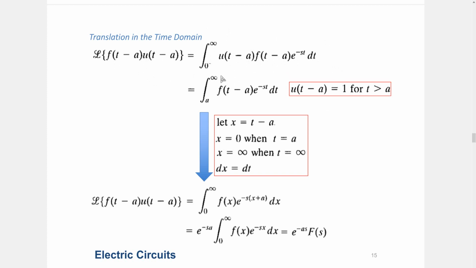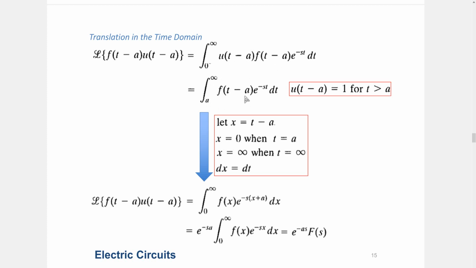This corresponds to an integral from a to infinity, because the unit step function steps at t equals a, and is 0 for t smaller than a. So we know it by heart. The definition becomes the integral from a to infinity of f(t minus a) e to the minus st dt.